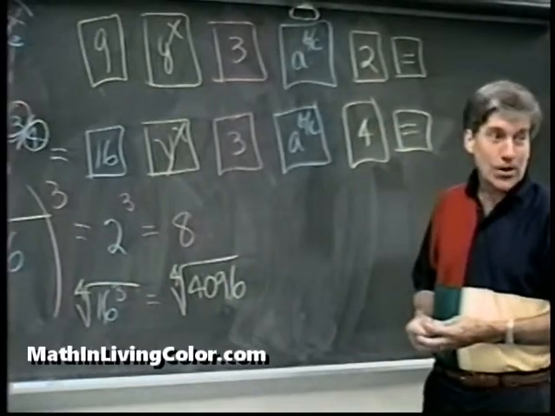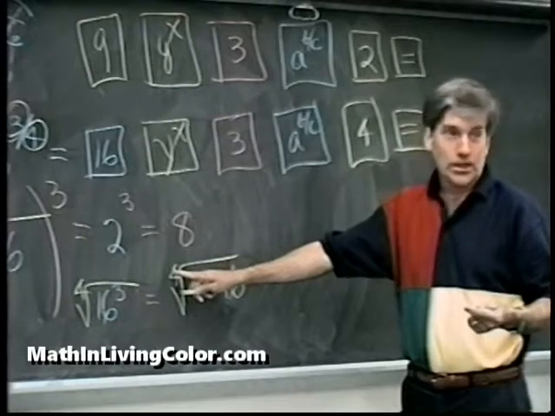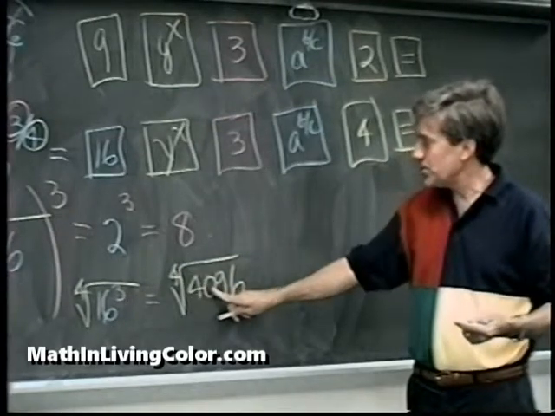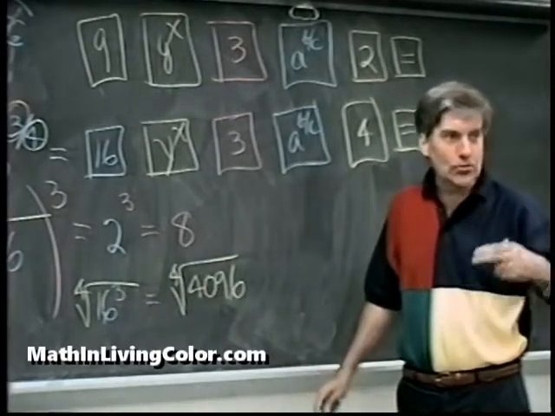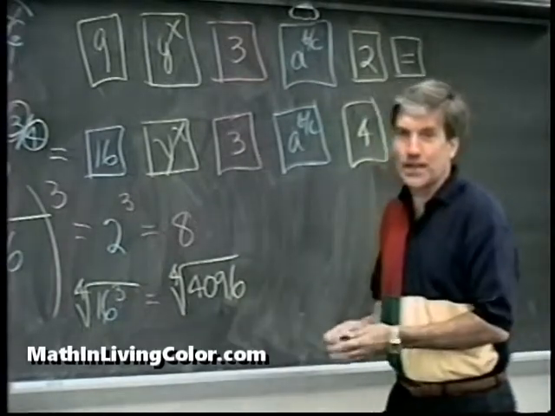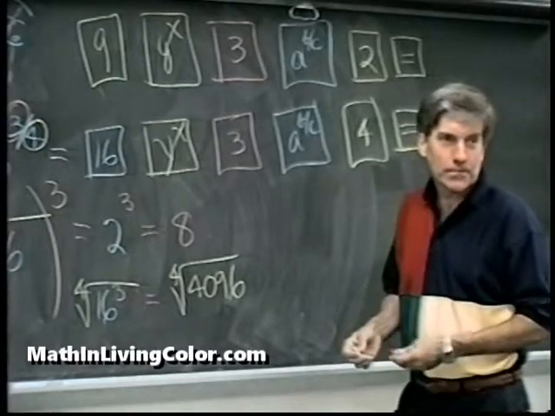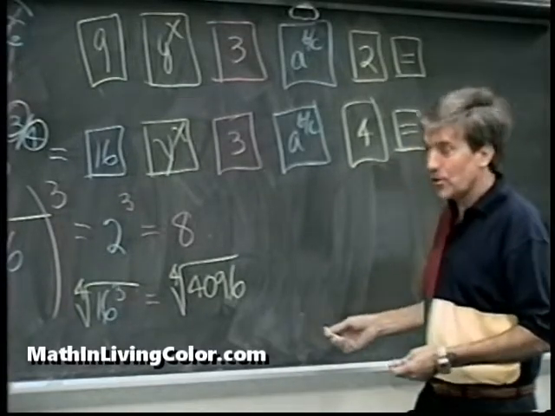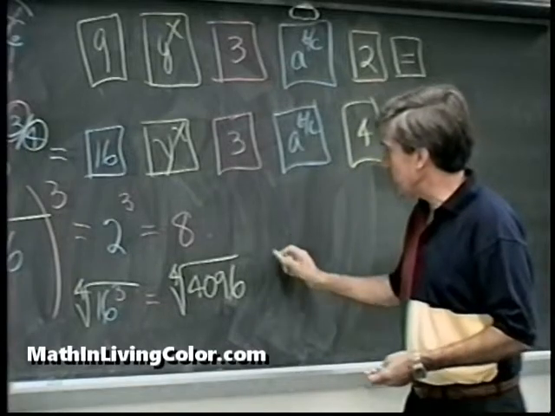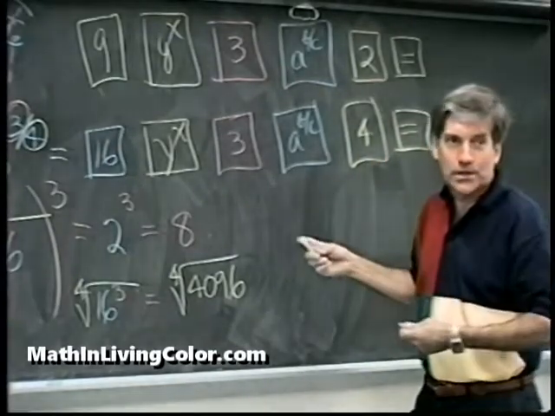Now what you'd have to do would be use your calculator to take the fourth root of 4096. Do you remember how to do a fourth root on the calculator? Did we do that earlier in this session? What we'd have to do would be, remember you've got this inverse, the second function button?